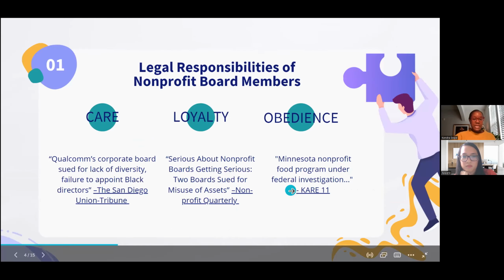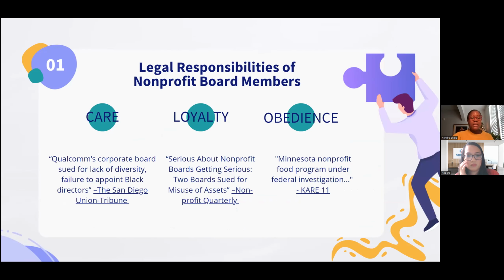Where I'd like to begin is talking about the legal responsibilities of nonprofit board members. You need to know that as a member of a board, if you're leading a board or you're a member, that's a huge responsibility. And there are legal implications if you're not using the role correctly.